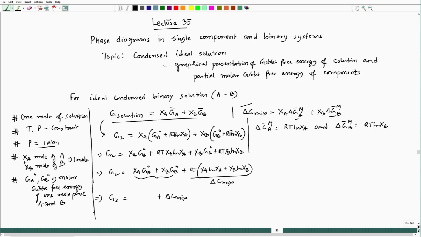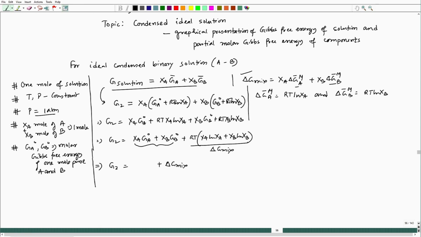Is that correct? So, if it is 1 mole, then the free energy of A and B before mixing, separately, would be equal to X A G A naught plus X B G B naught.